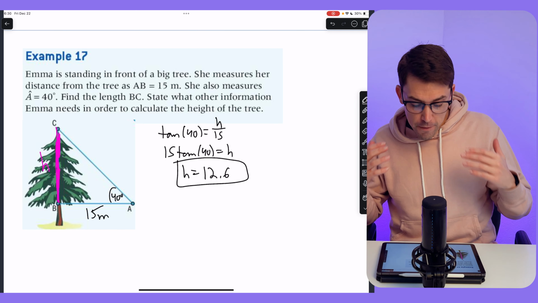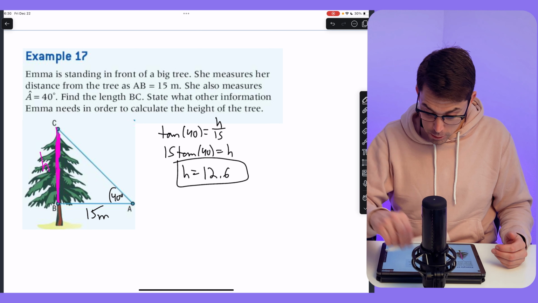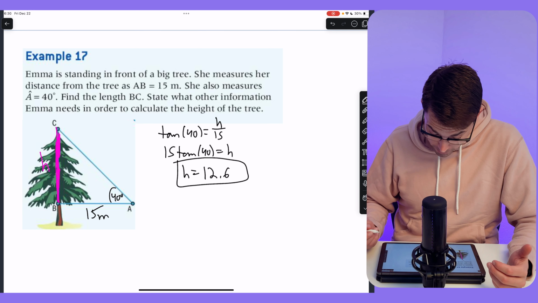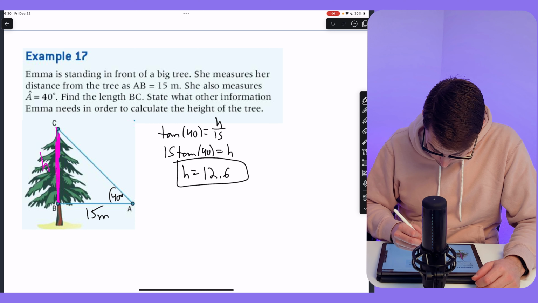And when you're finding the angle, that is when you'll be using your inverse trig function. And just to quickly prove that that is the case, let's say that our height is 12.6.